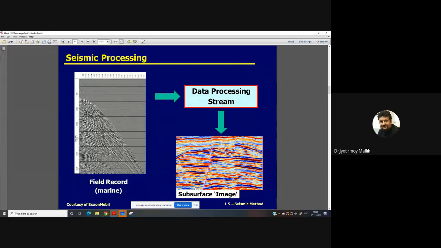From here we have to go here, and the process by which we go through this is called data processing, which we will cover in tomorrow's pre-recorded lecture.